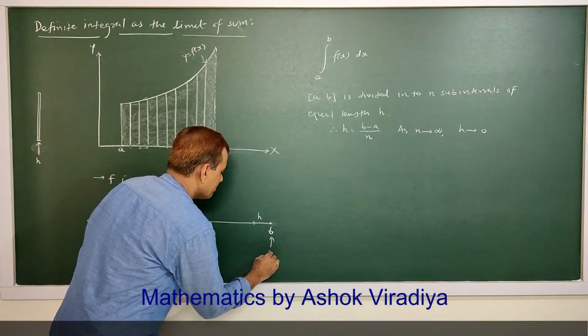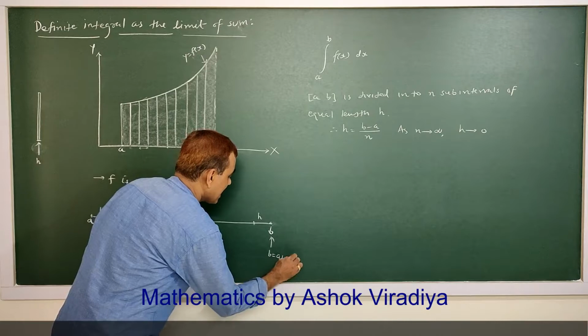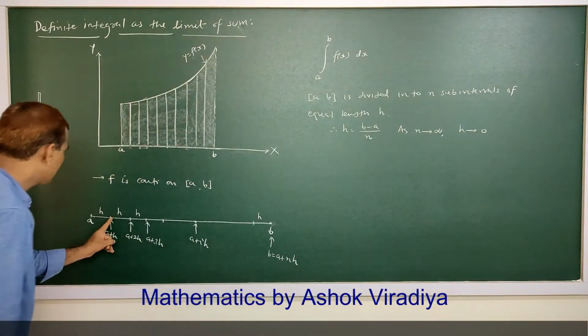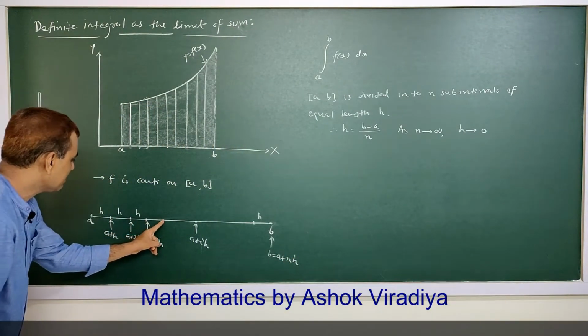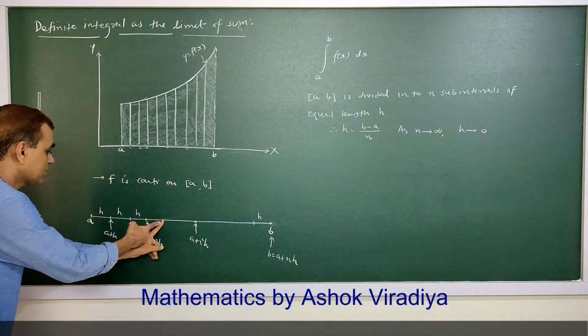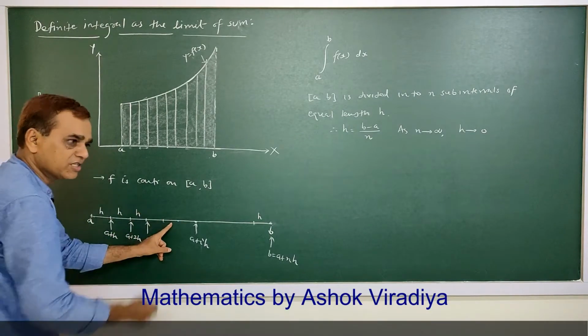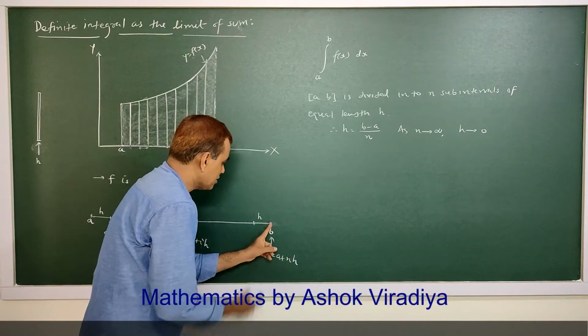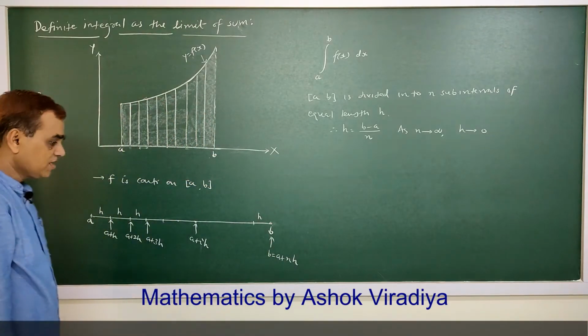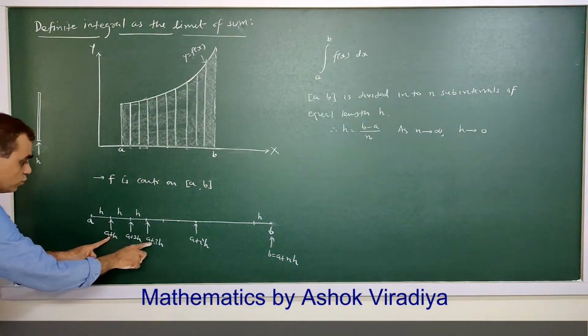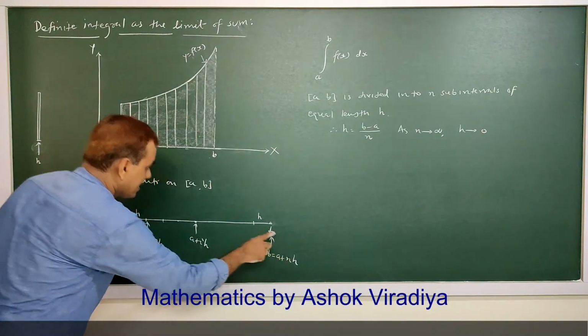For the last number, b will be a plus nh: a plus 1h, a plus 2h, a plus 3h, a plus 4h for 4 partitions, a plus 5h for 5 partitions, a plus nh for n partitions. So the value of i varies from 1, 2, 3, 4 up to n.